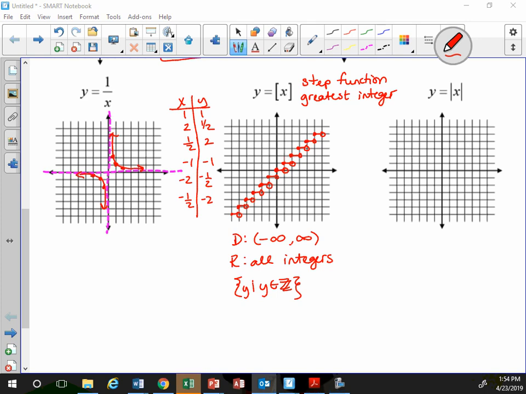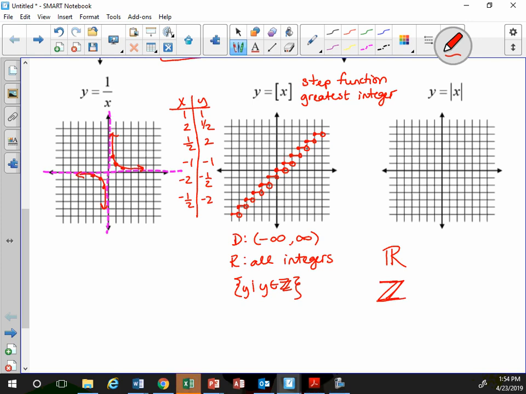Why does the weird R stand for reals? Nobody knows. That's just what they picked. Technically, you could probably do it more like that. You don't have to overlap it quite as much as I did.